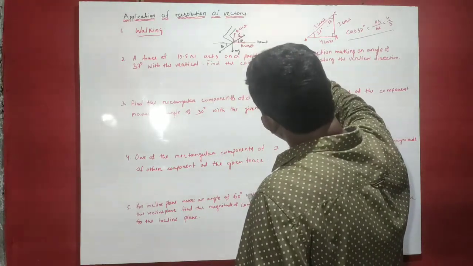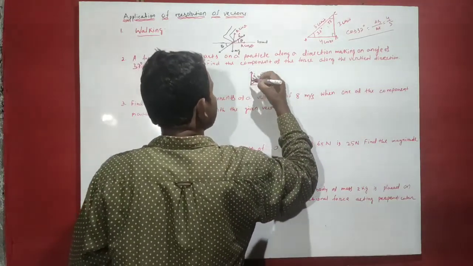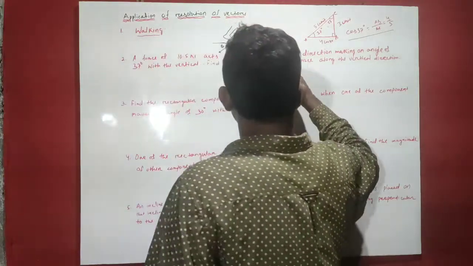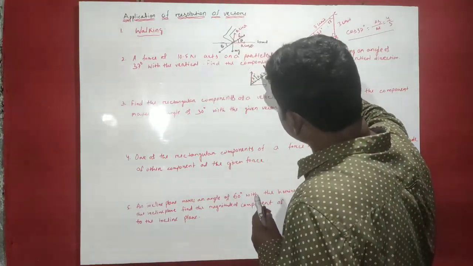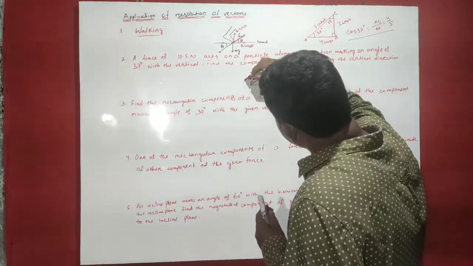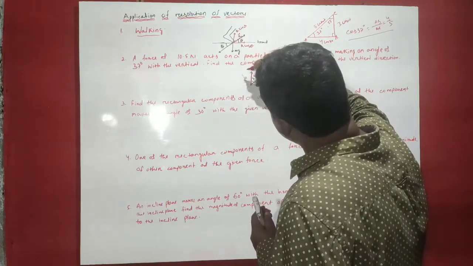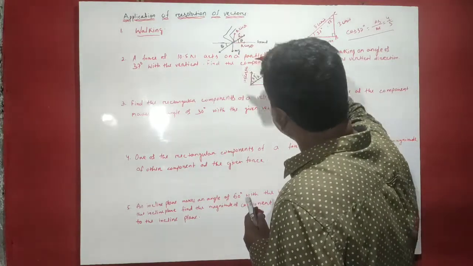The vertical component of this vector will become 10.5 Newton times cos 37.